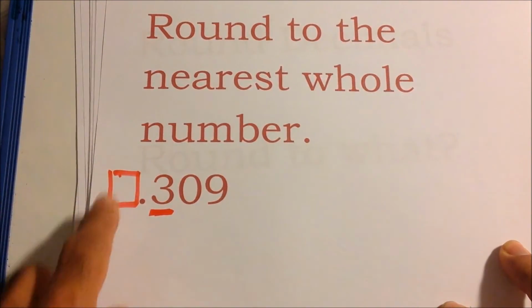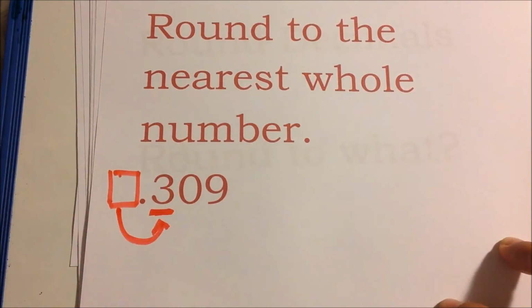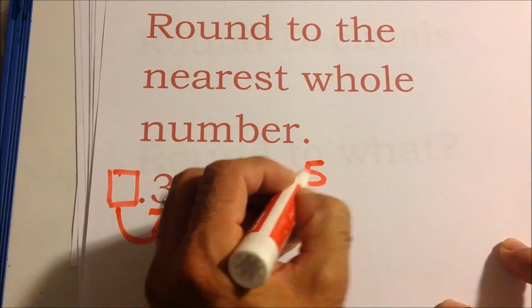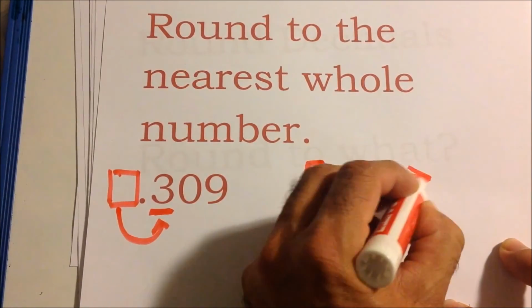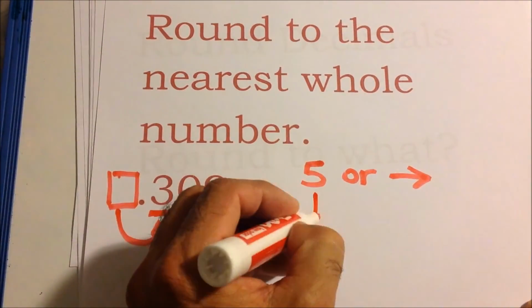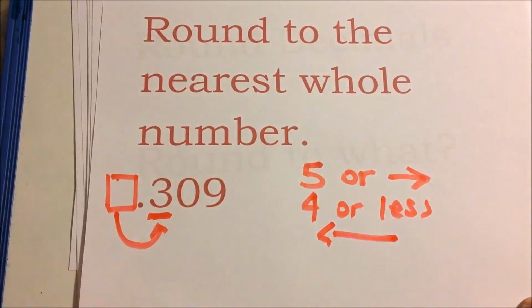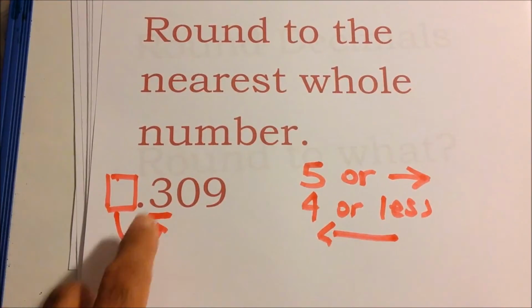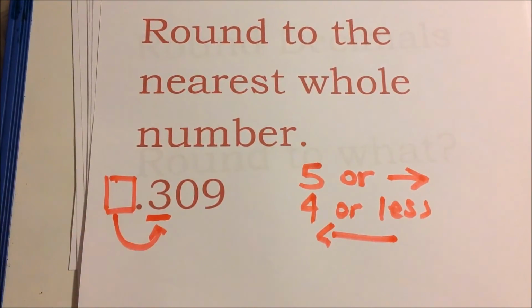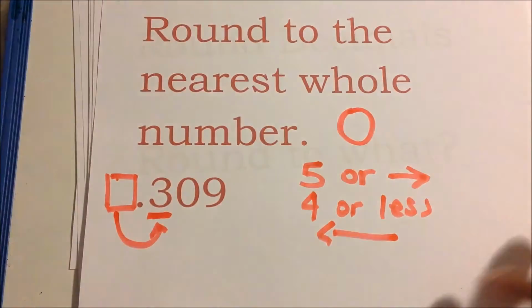If it's 5 or greater, we know we're going to round up. But if it's 4 or less, we're going to round down. So this number is a 3, so we know it's not near 1, we know it's near 0. The nearest whole number is 0.